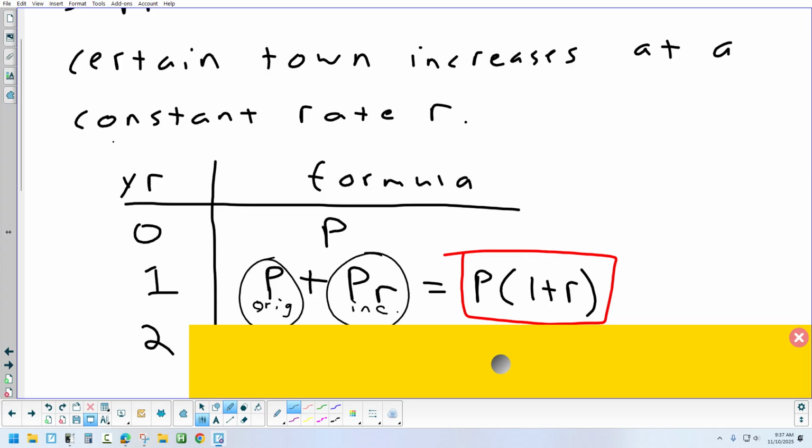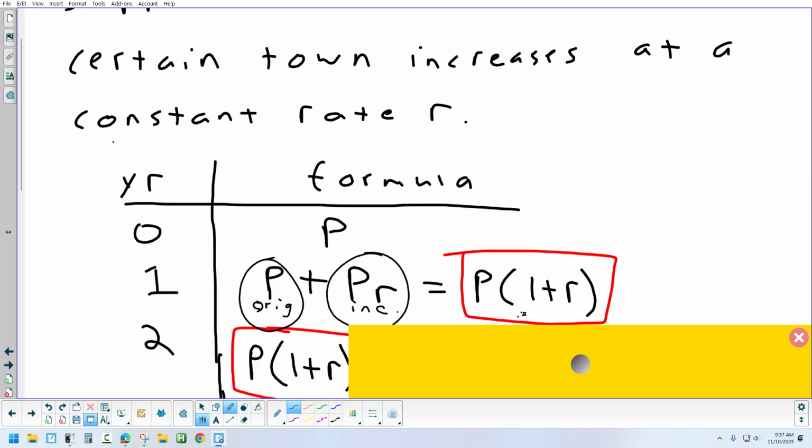Yeah? Use the P, the parentheses as well. Right. This was the new population at the end of year 1. That's going to be the population I start with at the beginning of year 2.